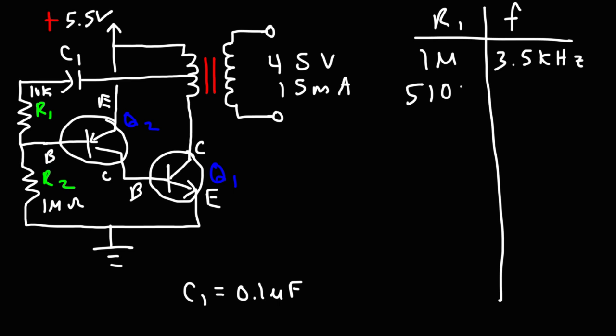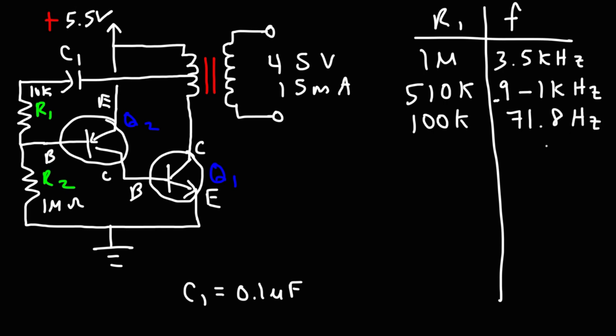Decreasing R1 to 510 kilo ohms, the frequency fluctuated between 900 and 1000 hertz, or 1 kilohertz. Now when R1 was 100K, the frequency was much less. It was 71.8 hertz. And when R1 was 51K, the frequency decreased to 45.7 hertz. And when it's 22K, the frequency went down to 34.2 hertz.